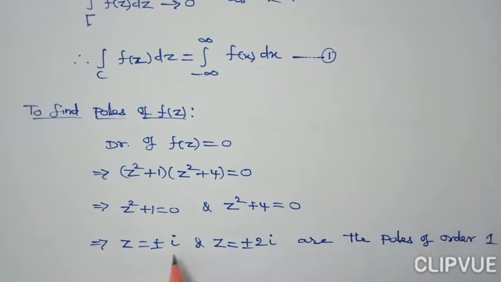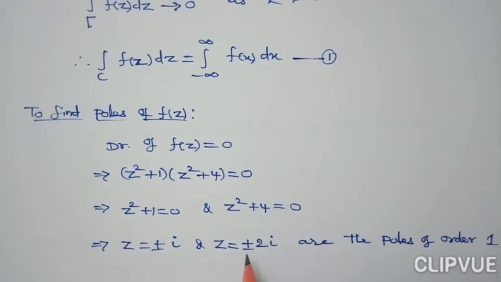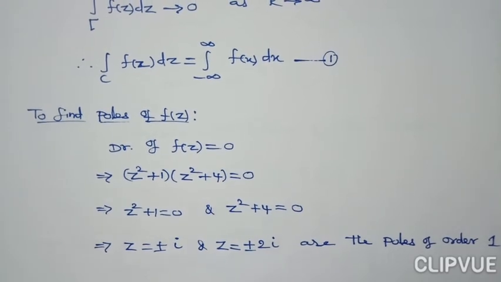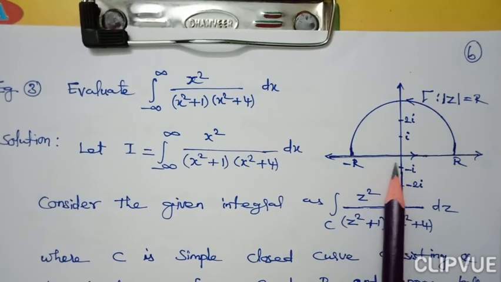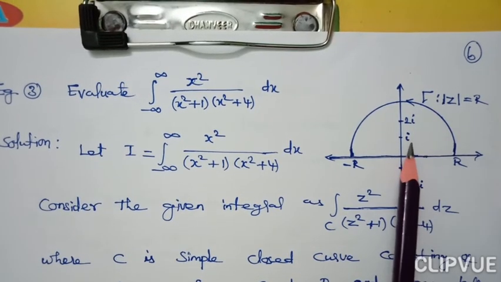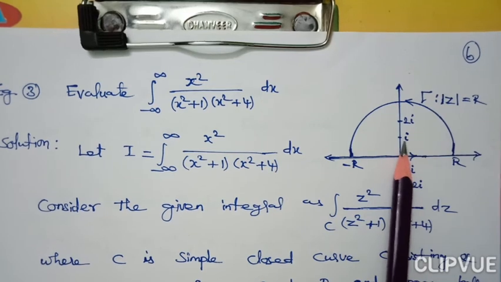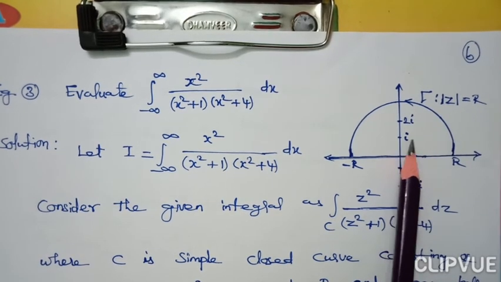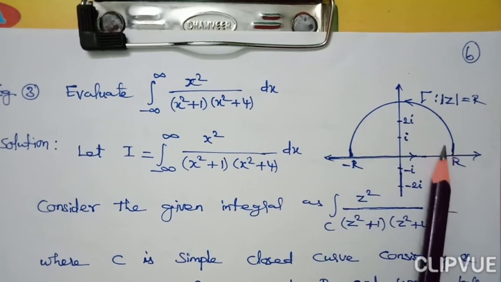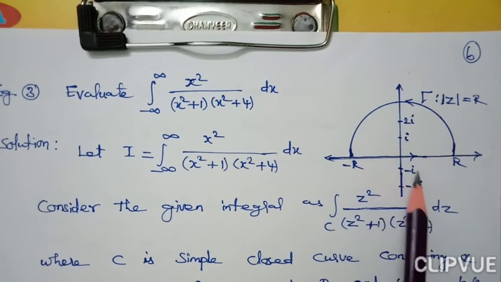Next we need to check which poles are inside C and which are outside C. Now look at this diagram. From this diagram you can understand clearly that any complex number with a positive imaginary part lies inside the semicircle, and a negative imaginary part lies outside the semicircle.